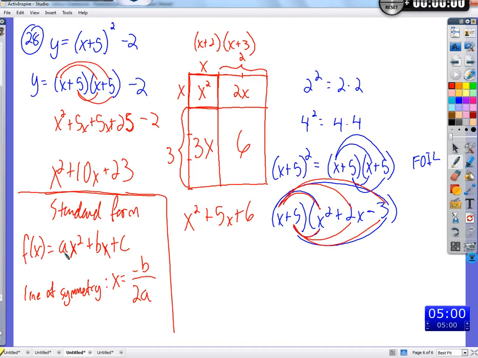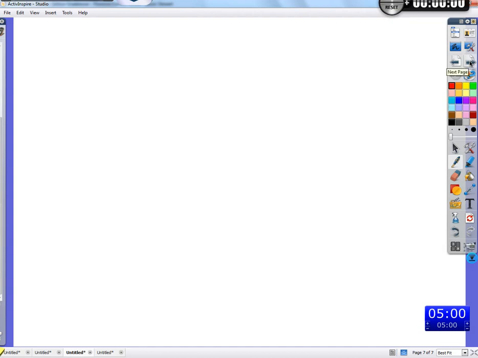It's not as easy as just saying the vertex for this one is -5, -2, but it is something. It is a starting point.